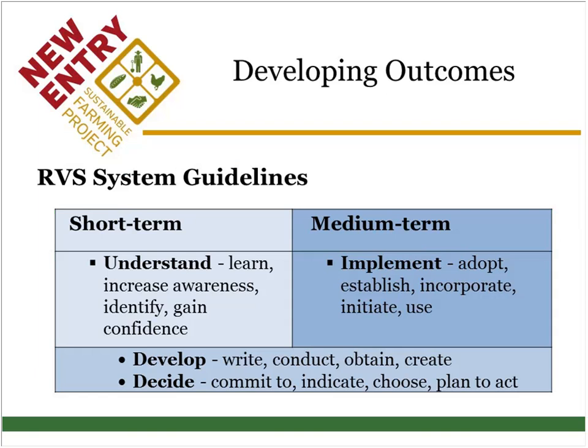And a really good way to start brainstorming outcomes is to use the RDS System Guidelines. The RDS system is a reporting portal for all BFRDP projects. There are two reporting places in a sense: the NEPA mandated report system, and then the RDS, which is specifically for BFRDP.